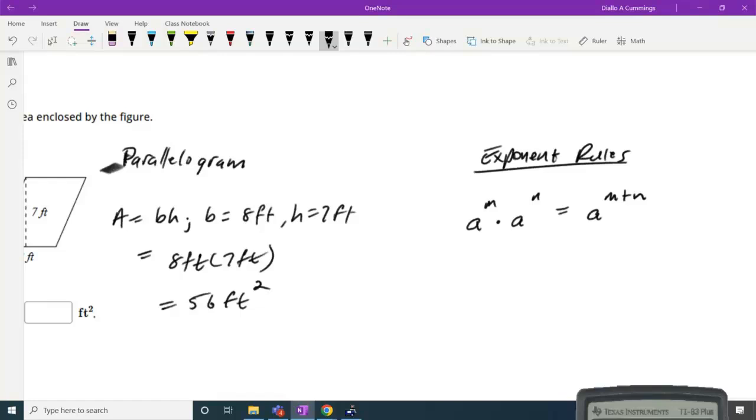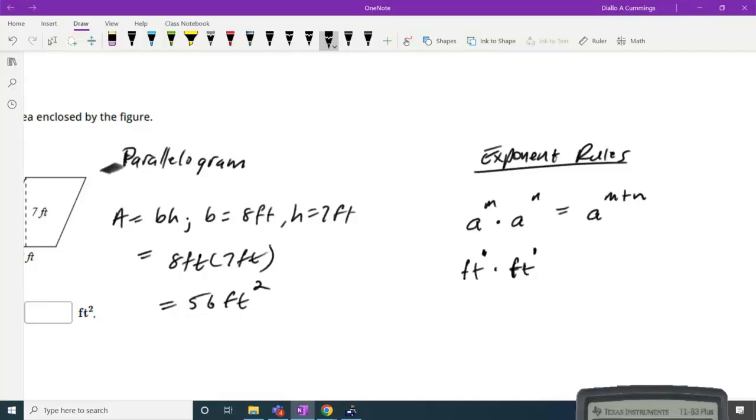So when you multiply like bases, you add your exponents. So if I'm looking at feet times feet, this foot is understood to be raised to the first power. This other foot is understood to be raised to the first power.